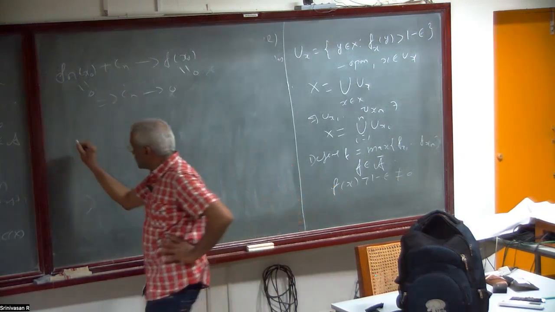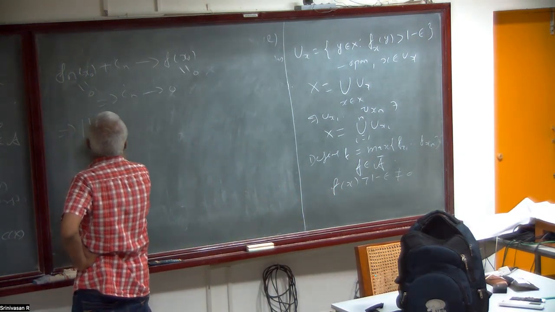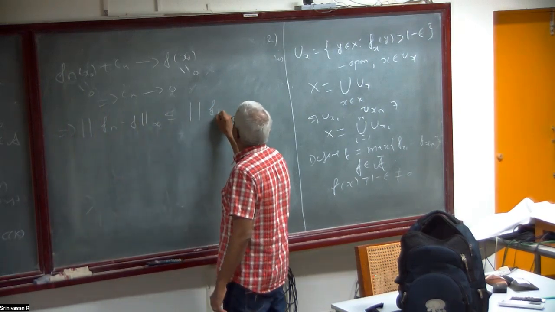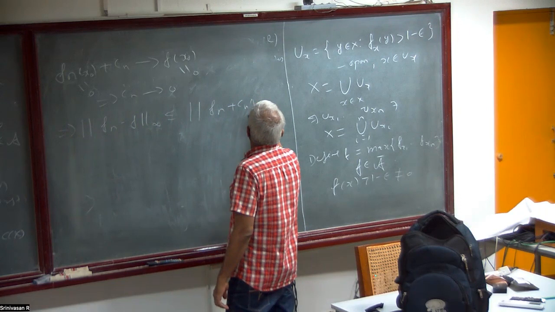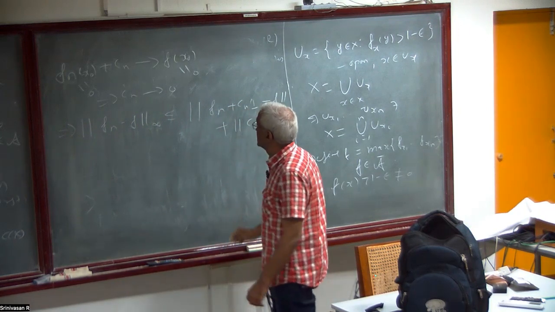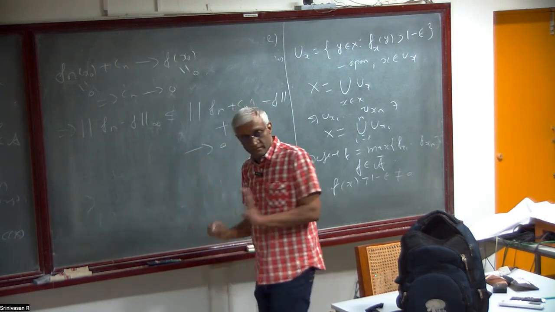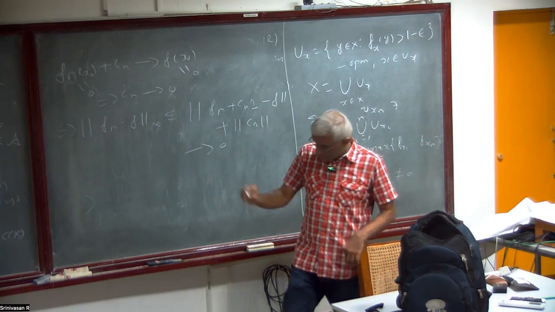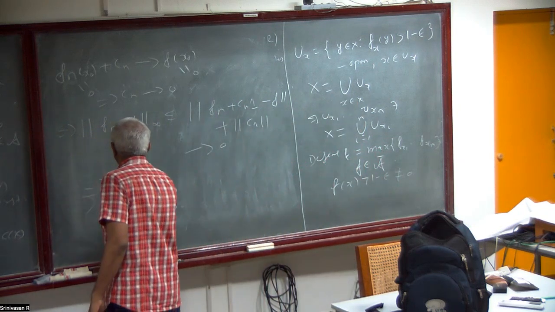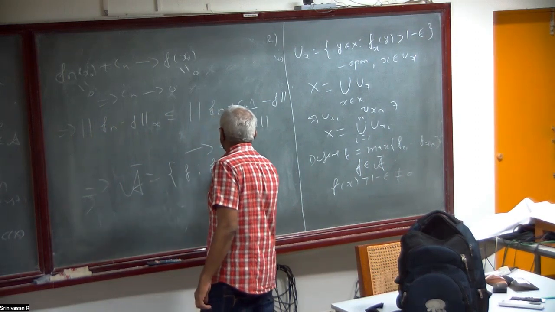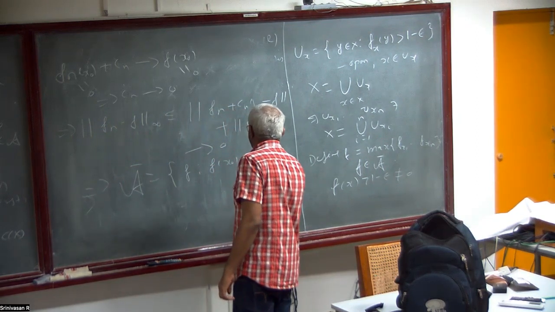Now you take the norm of Fn minus F in the infinity norm, which is less than or equal to the norm of Fn plus Cn times 1 minus F, plus the norm of Cn. The norm of Cn is just mod Cn. So this goes to 0 by the original assumption. So we have proved that A closure is equal to all those F such that F of x naught equals 0.